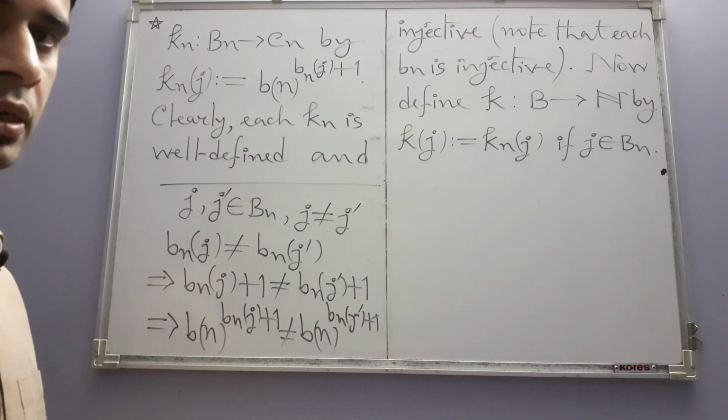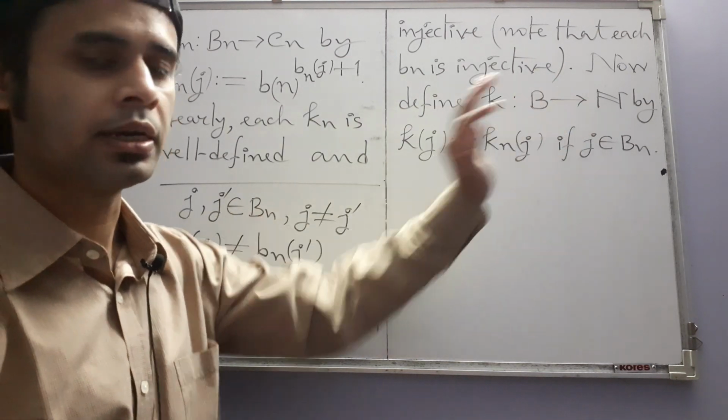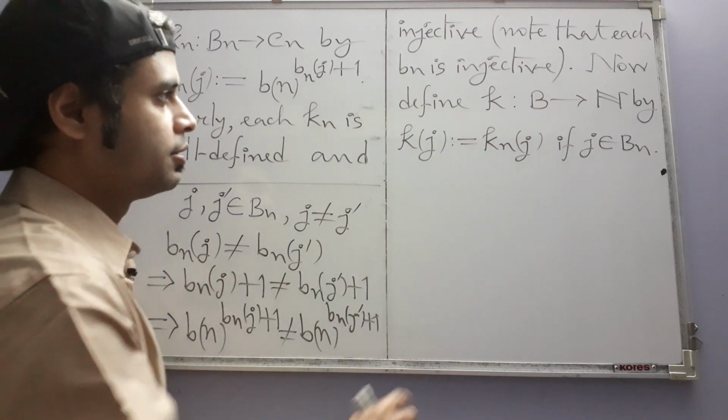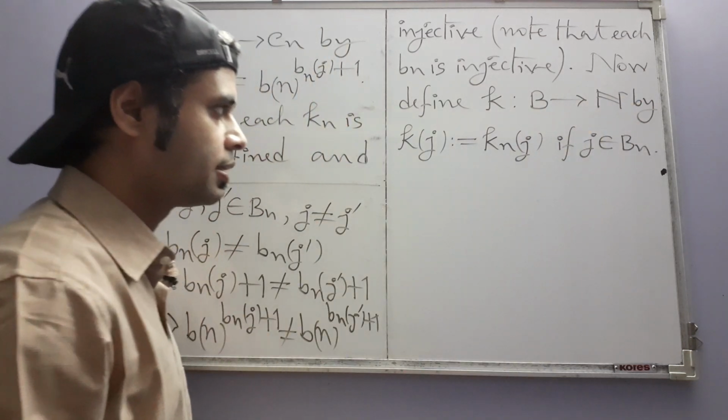Note that finally now we are looking at a final stage, sort of, where we have defined a function from B into the set of natural numbers.